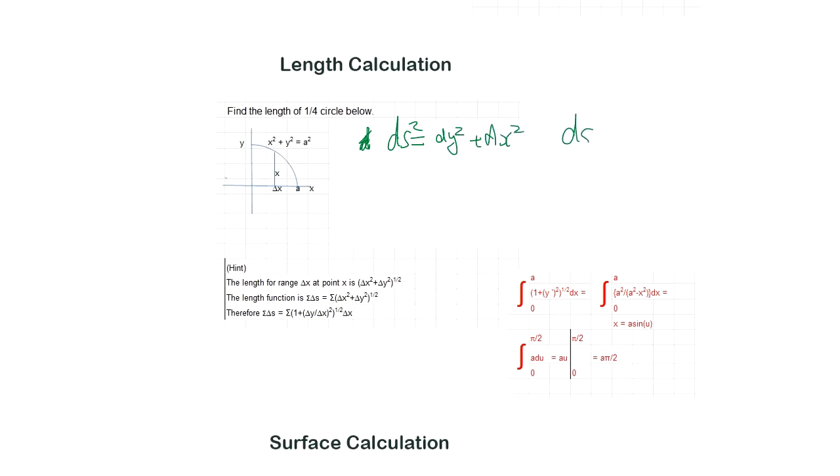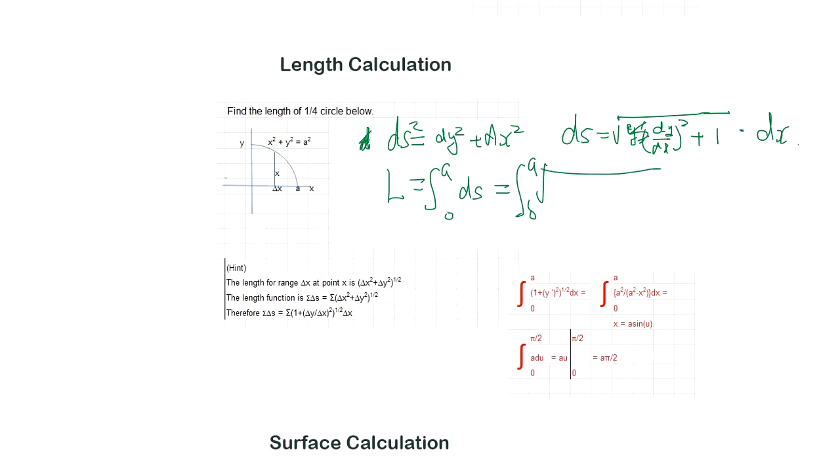So ds is the square root of y prime, the derivative dy dx, square plus 1 dx. So the length is going to be the integral from 0 to a of ds, which is 0 to a of the square root of dy dx square plus 1 dx.